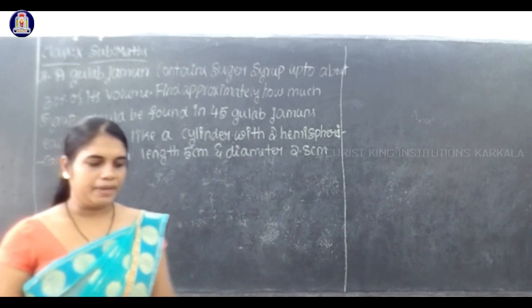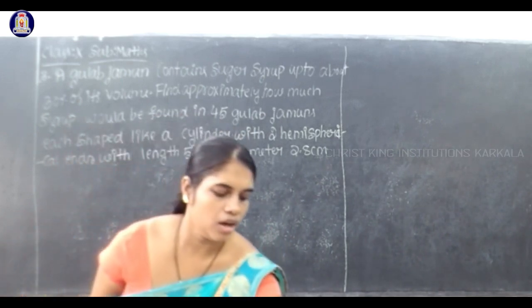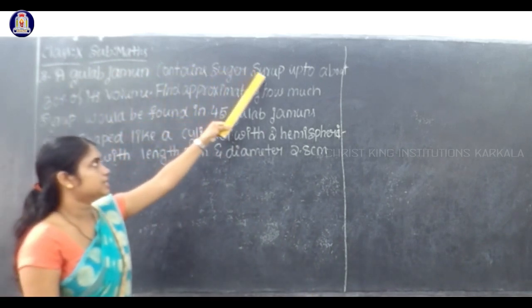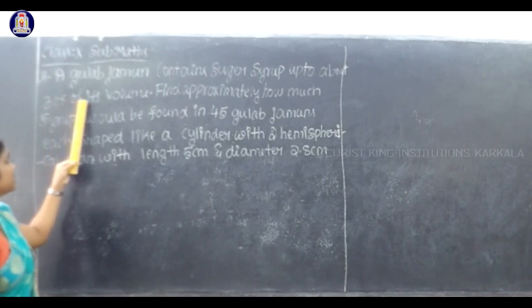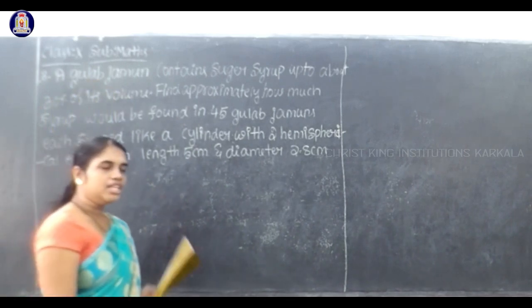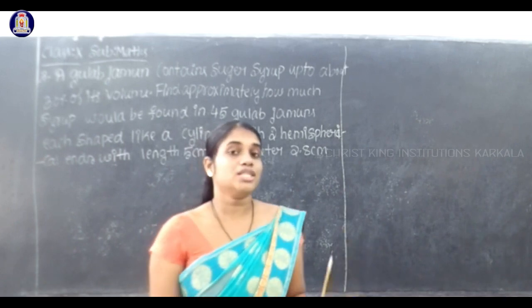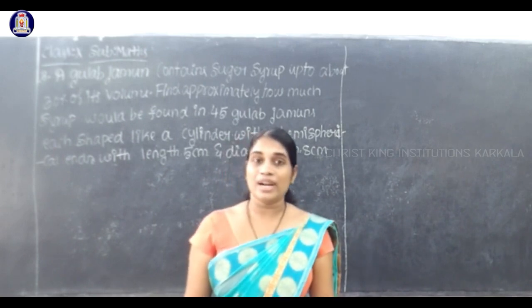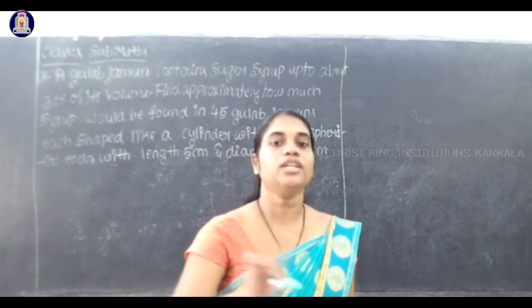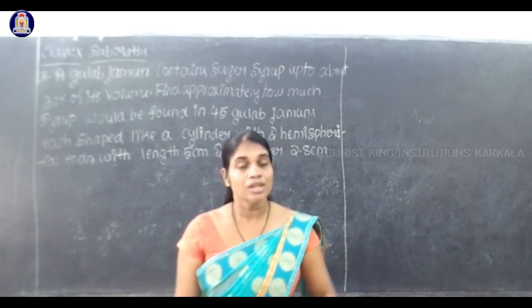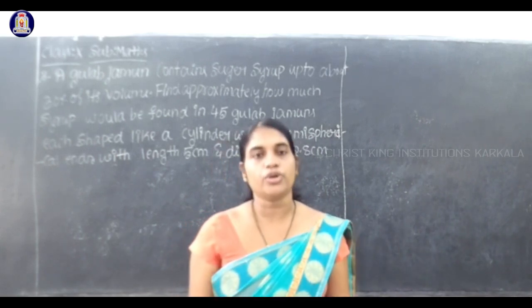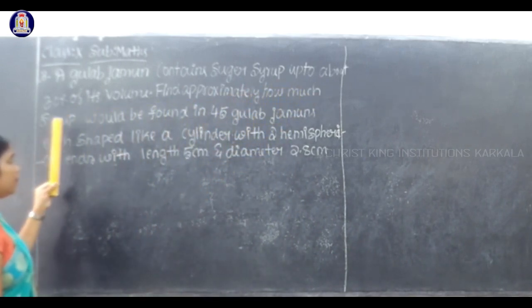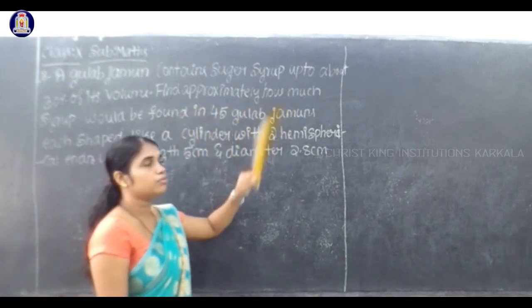I'll repeat the question. In the question given here, a gulab jamun contains sugar syrup up to about 30% of its volume. That means the quantity of sugar syrup in one gulab jamun will be equal to 30% of its volume. Also given, find approximately how much syrup would be found in 45 gulab jamuns.